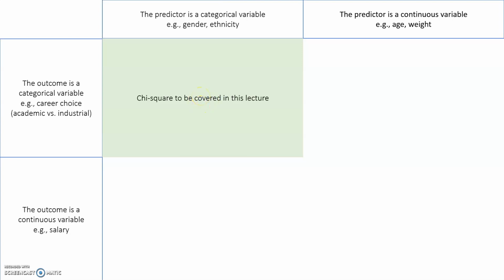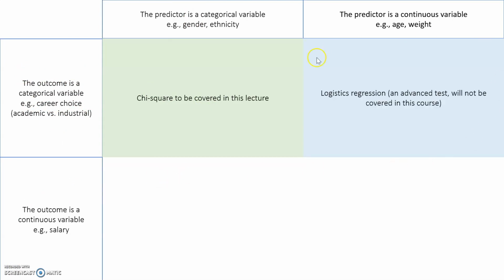Let's say we want to see whether gender would make a difference in people's career choice, right? Such as I'm wondering whether men are more likely to go to industry than women, or the other way around. So in this situation, we're going to use this chi-square test when we have a categorical predictor and also a categorical outcome.